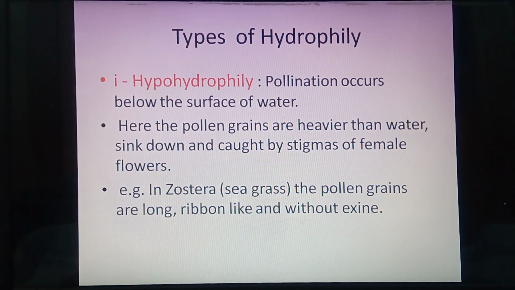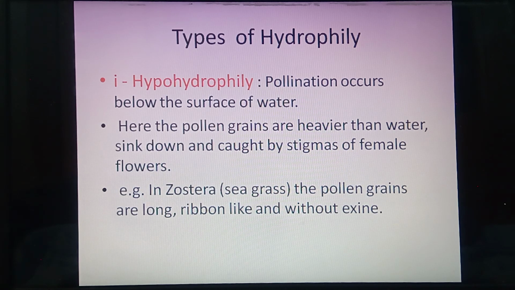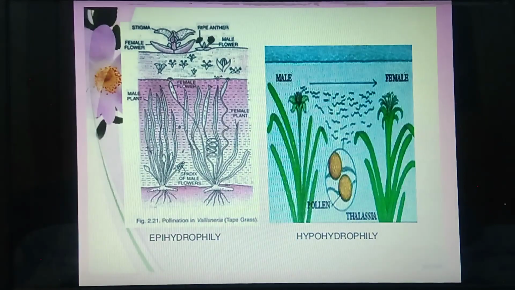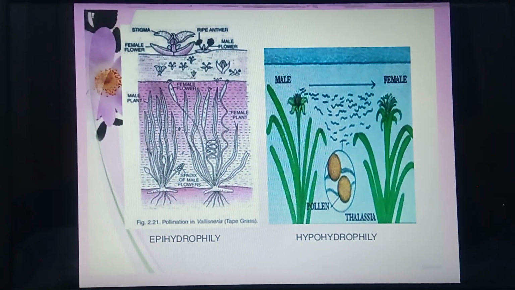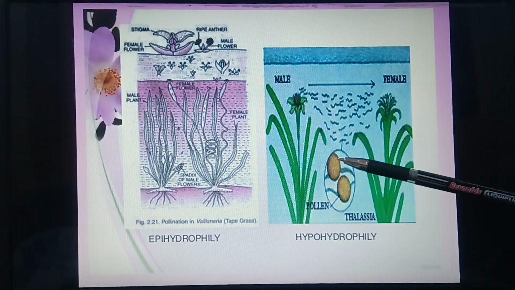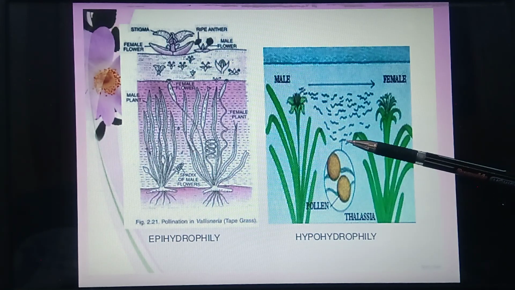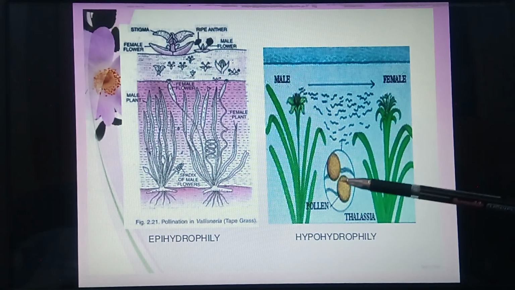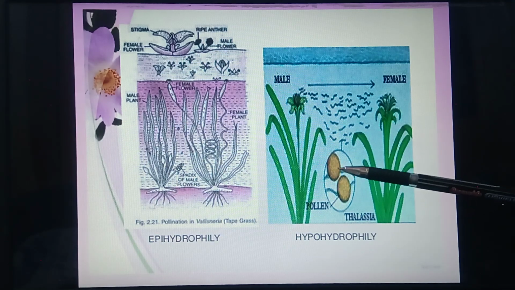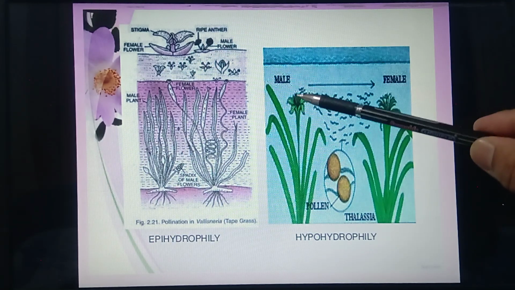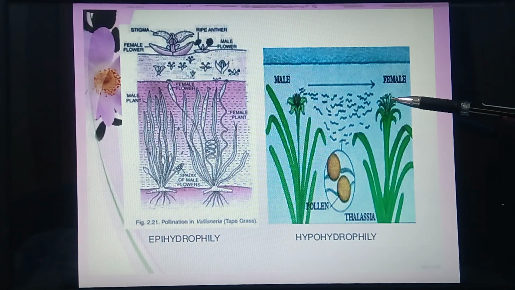Example is given in the form of Zostera. This is also called seagrass. The pollen grains are long, ribbon-like and without exine. The process of pollination takes place below the water. Here you can observe the pollen grains. Those are large in their weight. That means they are more in their weight. They have a more specific gravity. This one is on a male flower. This one is on a female flower.